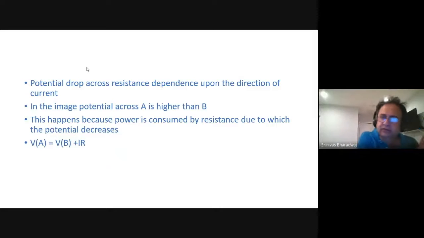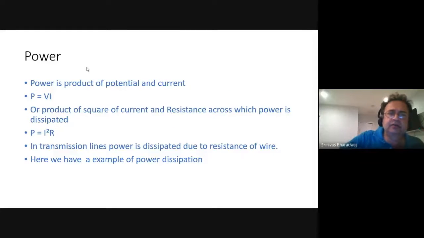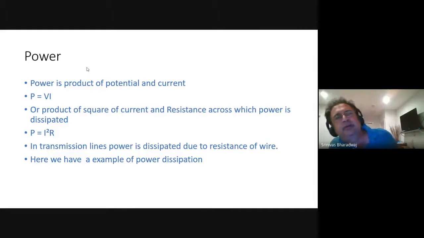If the current is flowing from A to B, then we say that VA is higher and VB is lower. That is the normal convention. Power is V times I or I squared R, because V is itself equal to I times R. So you end up with I squared R, or V squared by R, or basically V times I.